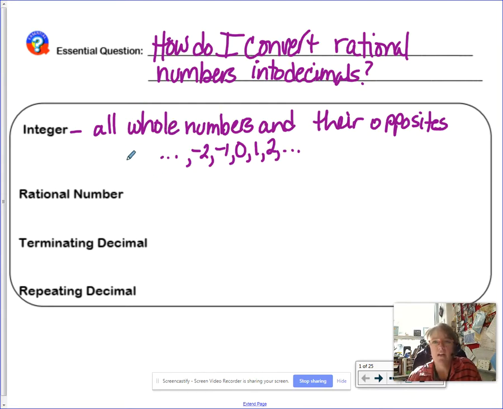So now we've got to tackle, what on earth do we mean by a rational number? Well, I think the easiest way that you can write it is as a ratio, which also means write it as a fraction. Two numbers being compared to each other by division. Okay?